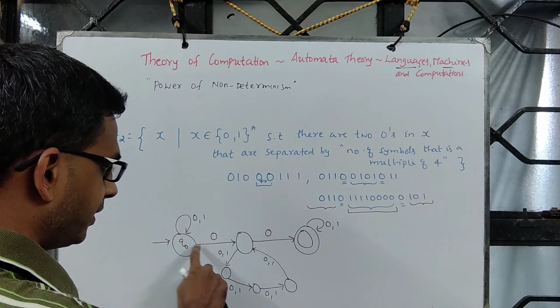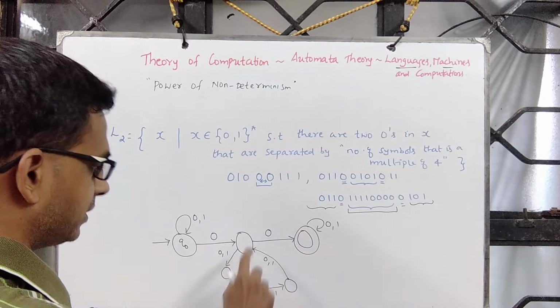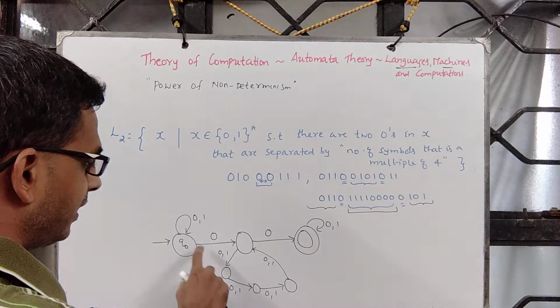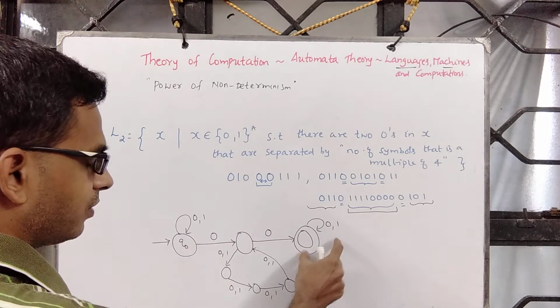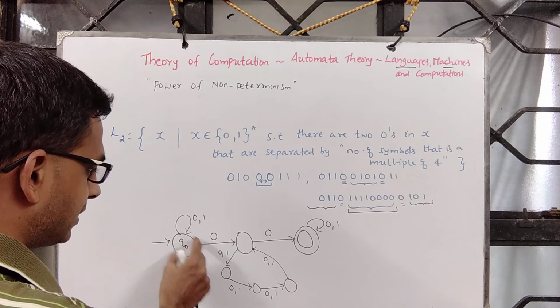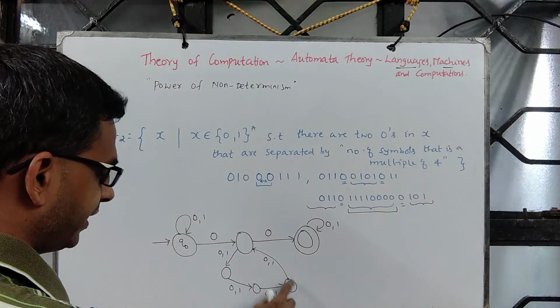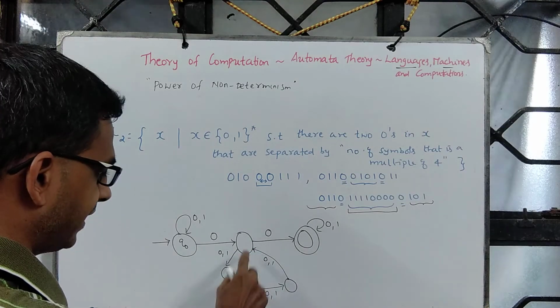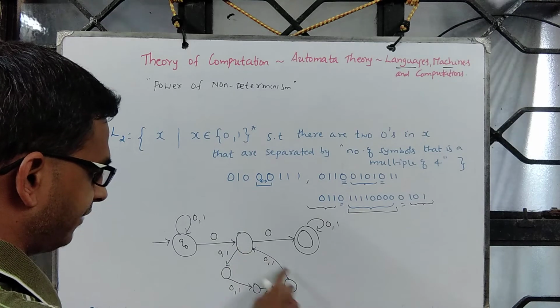So either you go directly here without getting into this loop, and in that case you get a prefix 0, 0 followed by a suffix, or prefix 0 followed by 1, 2, 3, 4. If you want to go through the cycle again, 5, 6, 7, 8, 9, 10, 11, 12.